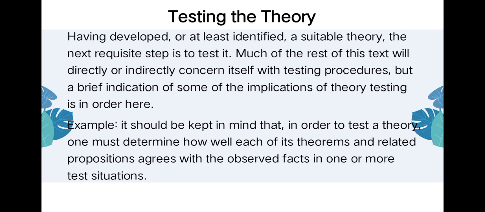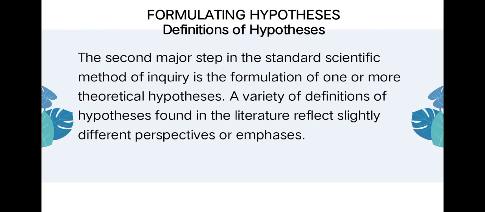Example, it should be kept in mind that in order to test a theory, one must determine how well each of its theorems and related propositions agrees with the observed facts in one or more situations.